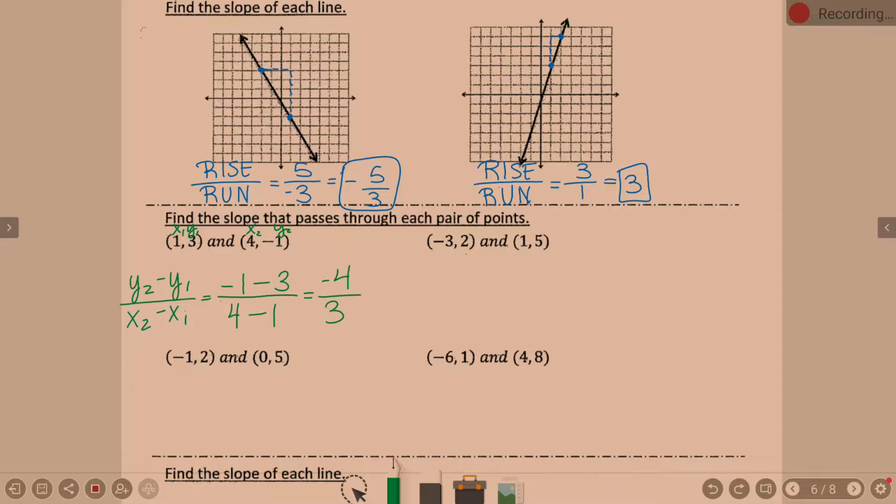And so we end up with negative 4/3. That's how you always find slope.